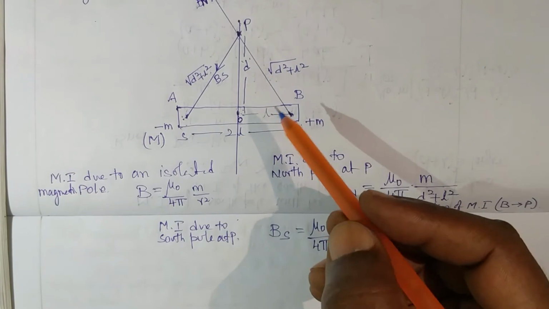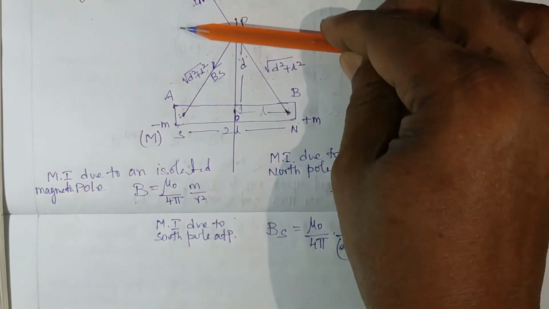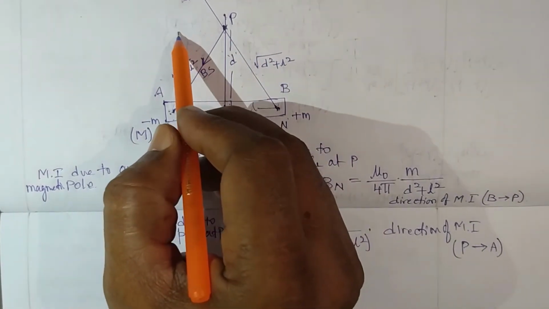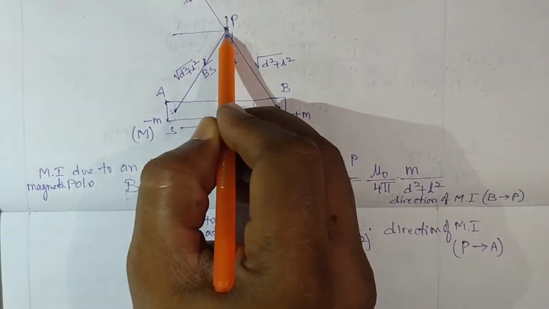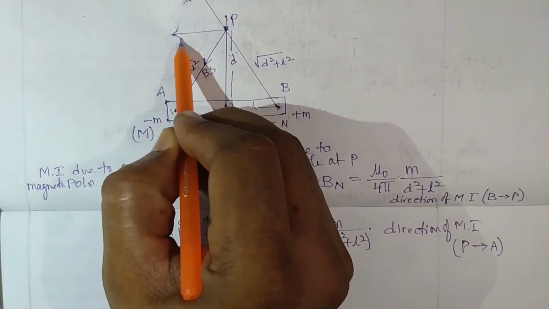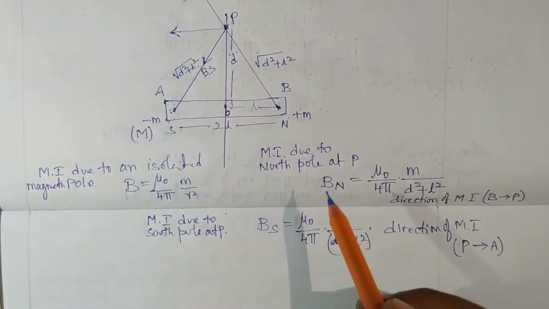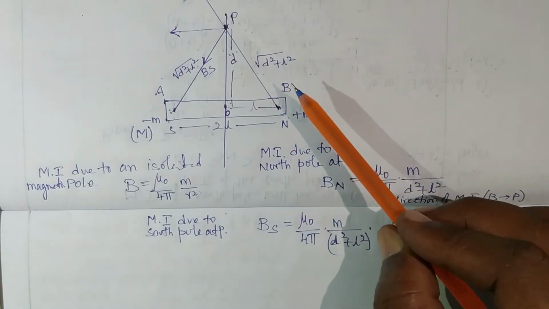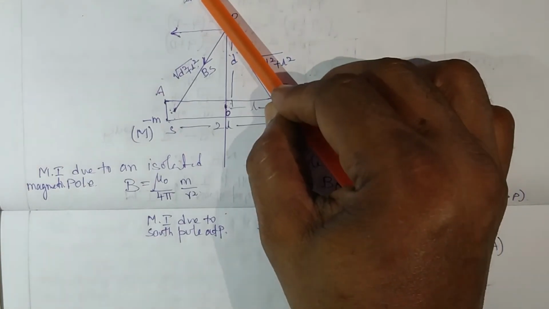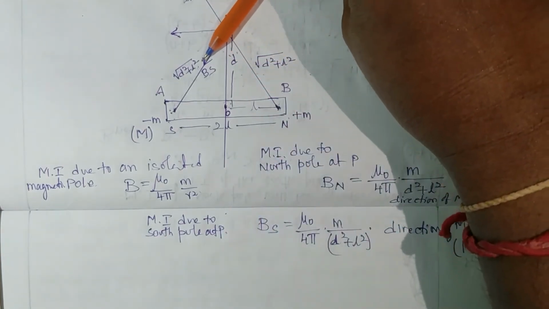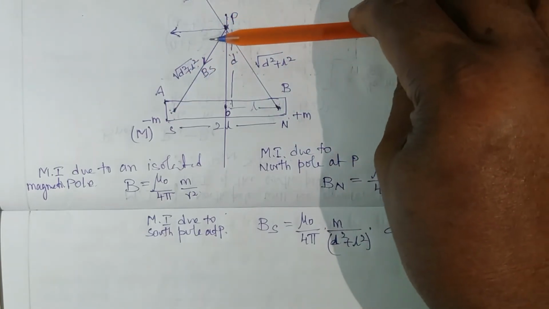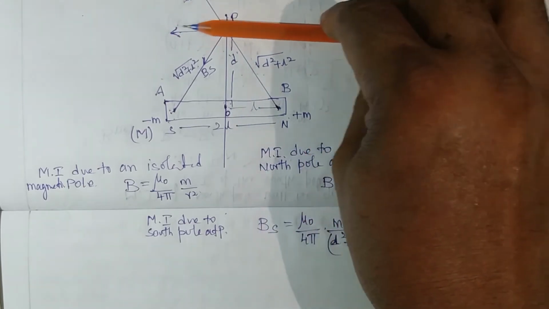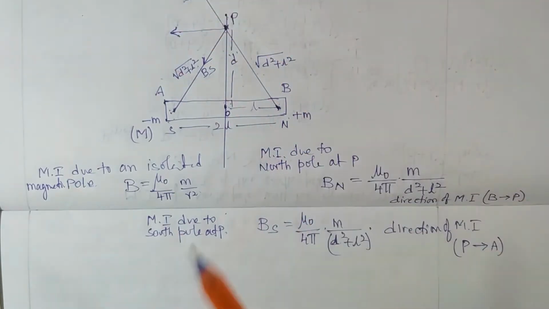That is what we saw practically. When I placed a magnetic compass here, you saw the resultant was in this direction. Understand? Now to calculate the magnetic induction at this point, the induction due to the north pole is in this direction, the induction due to the south pole is in this direction, and the resultant will be in this direction according to the vector law of addition.